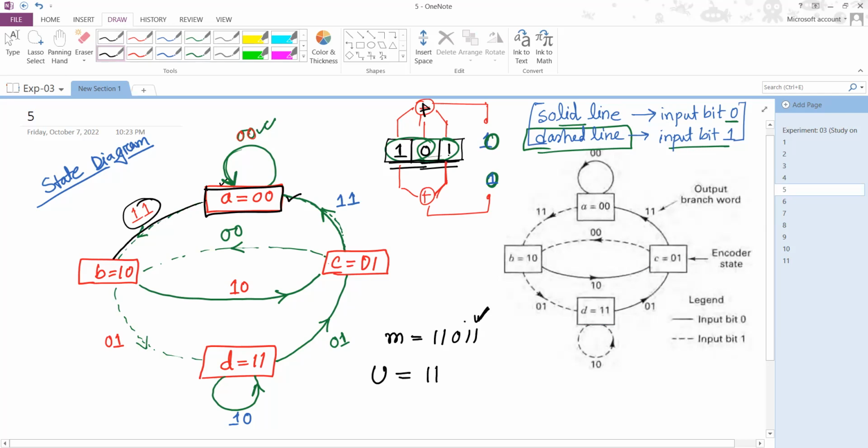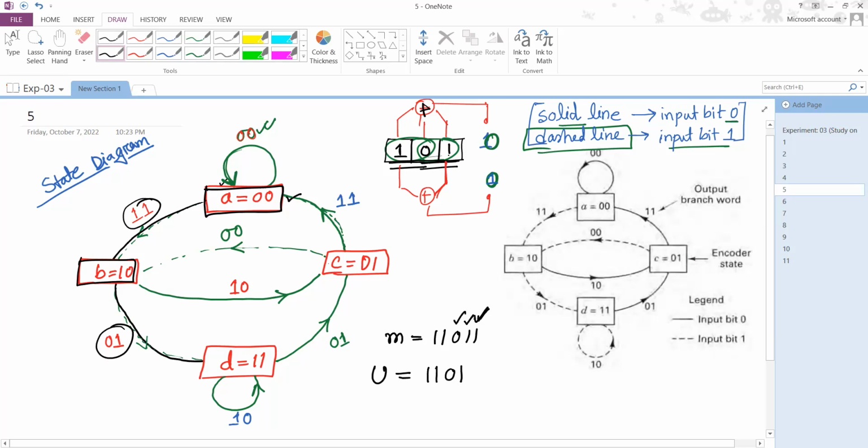Again, the second input bit is 1, right? Then again we have to follow the dashed line. So now we are at B state, and if I follow the dashed line again, we have to move from this position to this position, and the output bit will be 0 1. So we are just writing the 0 1.